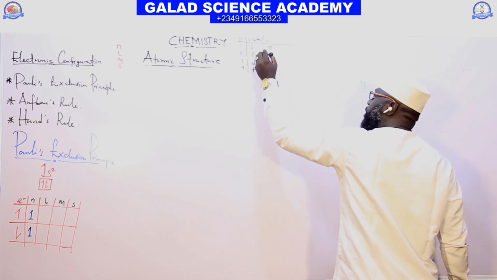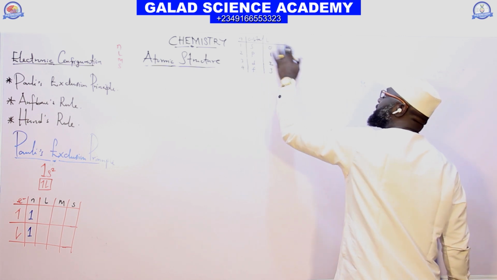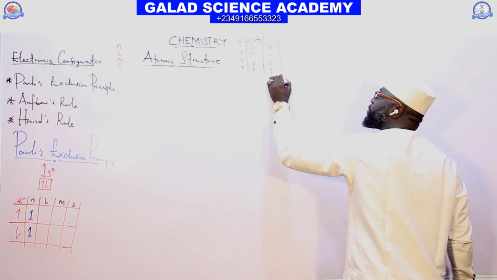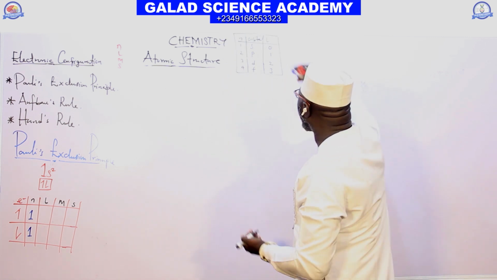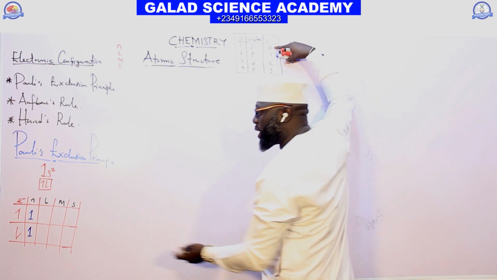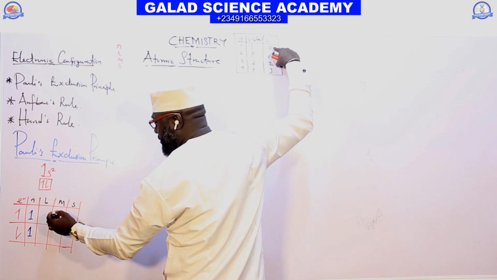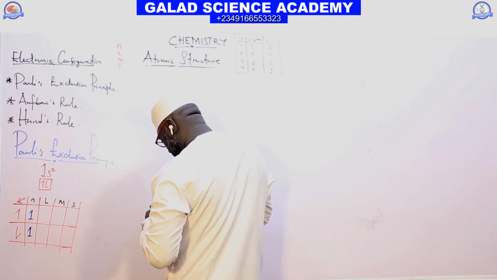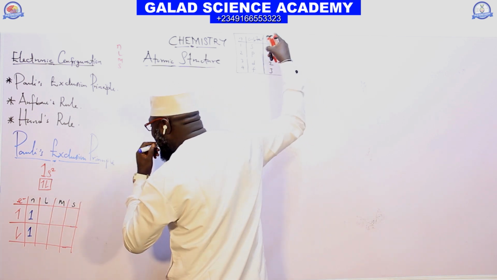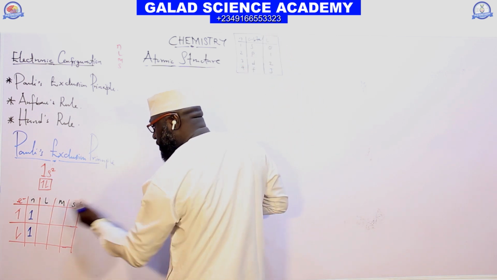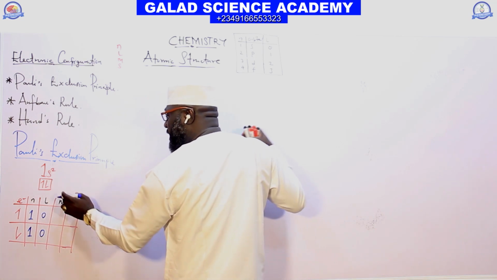But this L is 0, 1, 2, 3. So what is the azimuthal quantum number for s? For this s, L is 0. For this same s, it is also 0.